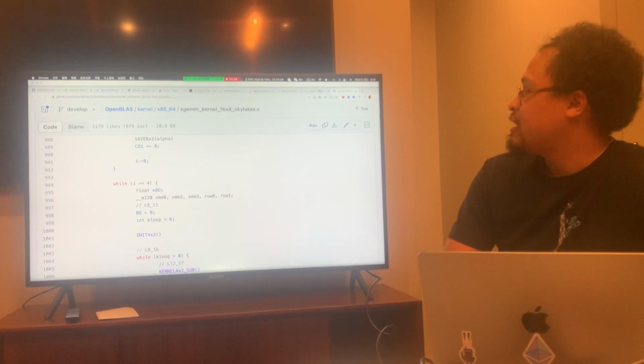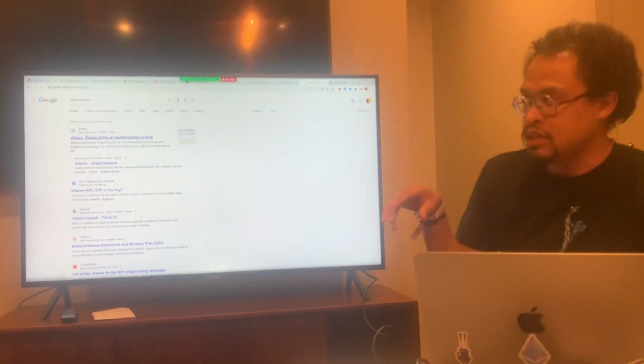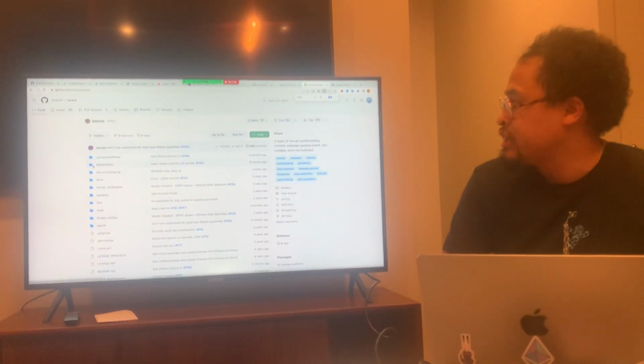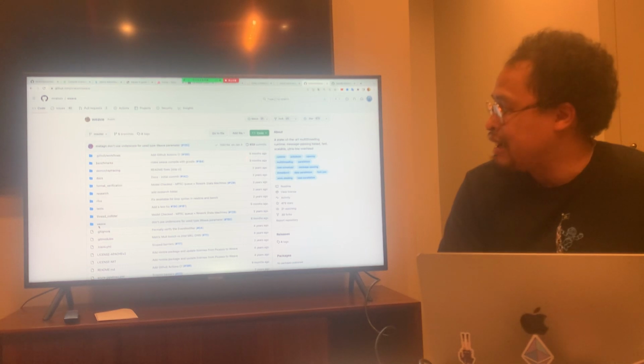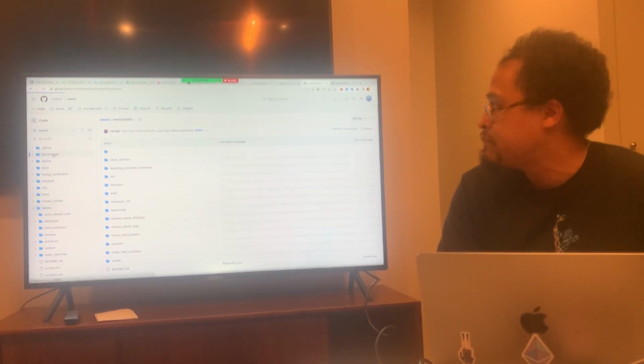One thing I didn't say is that I'm also a high performance computing enthusiast. So I wrote my own multi-threading library. I did a compiler using SIMD intrinsics for matrix multiplication. It's in my benchmarks.